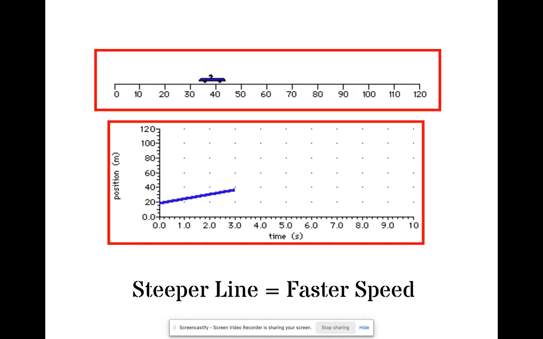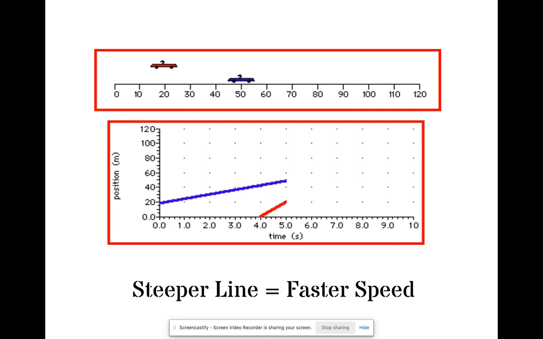So looking at this information, we can also say that the steeper the line, the faster the speed, or the faster the velocity is. So if we look at these two cars just driving down the road, we can clearly see that the red car has a higher velocity than the blue car.